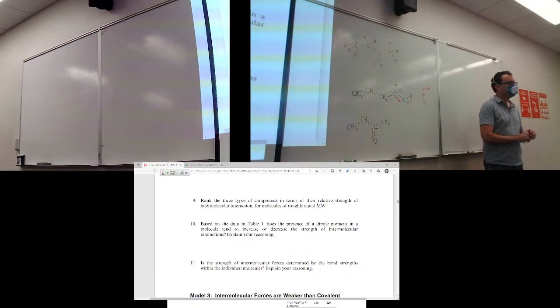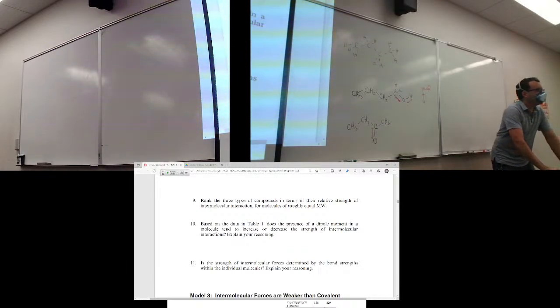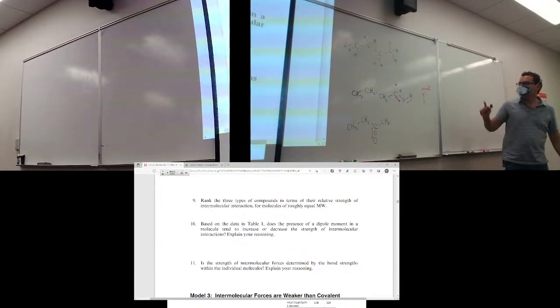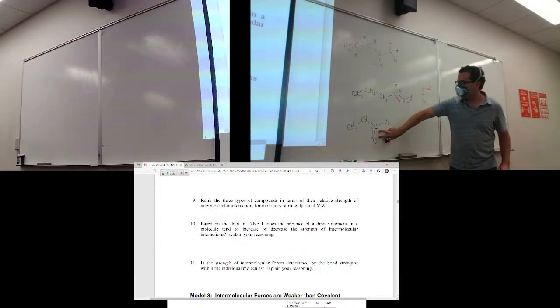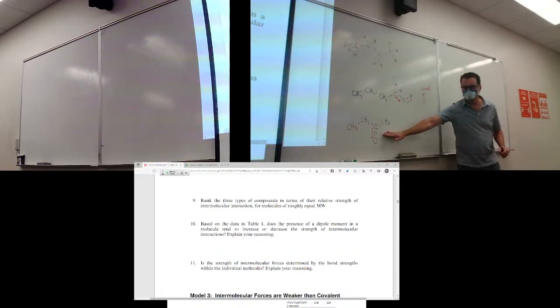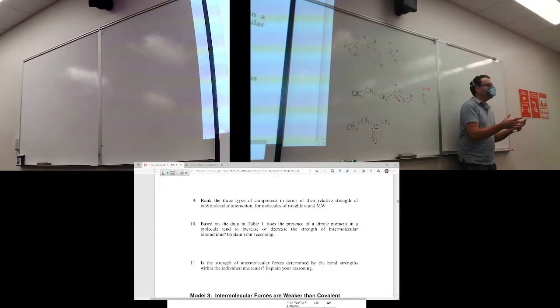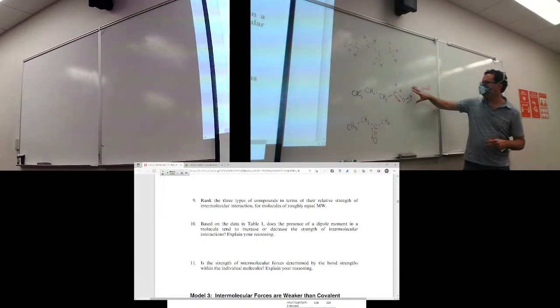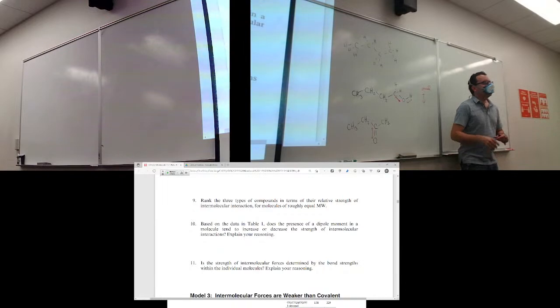You have a question? Just because they seem so related, the type of bond and the force. Within the molecule, yes, the bonds will give the molecule as a whole certain properties. So the fact that there's a dipole moment from these bonds, that dipole moment itself is what causes the molecules to interact with other molecules in a certain way.